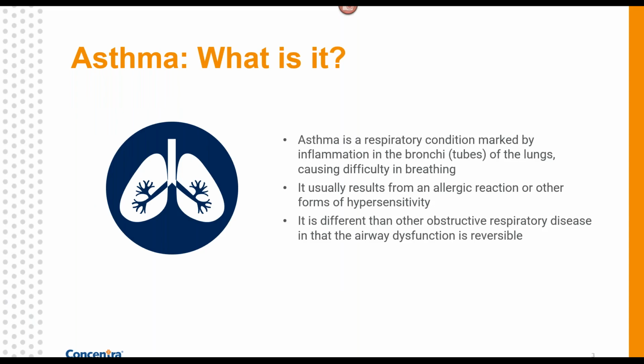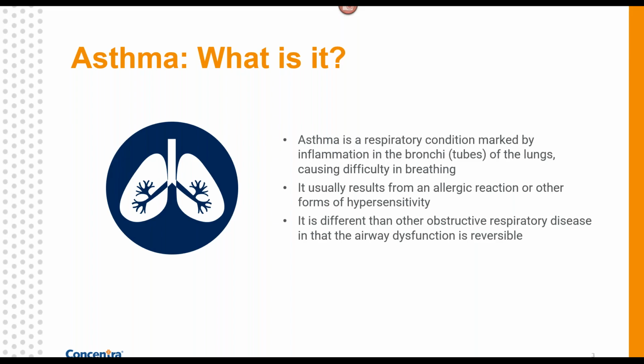Just a few quick points to help everyone orient towards what asthma is. It is a disease which affects the respiratory system, specifically the lungs. It causes the inflammation of the bronchi, which are essentially the tubes connecting the lungs to the nose and the mouth. This inflammation causes difficulty in breathing.